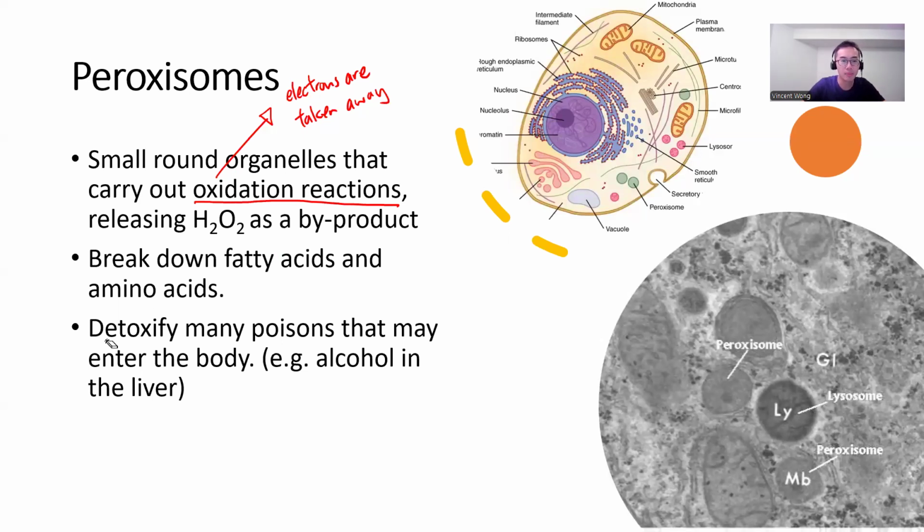The peroxisome helps detoxify many poisons that enter the body, such as alcohol in the liver. So now, by this point, we have learned 3 different organelles that can help us break down toxins and medications, right? There's the smooth ER, there is the lysosome, and now there is also the peroxisome.